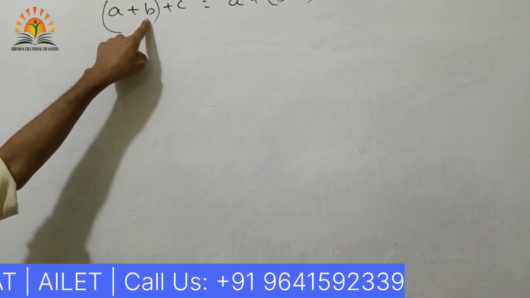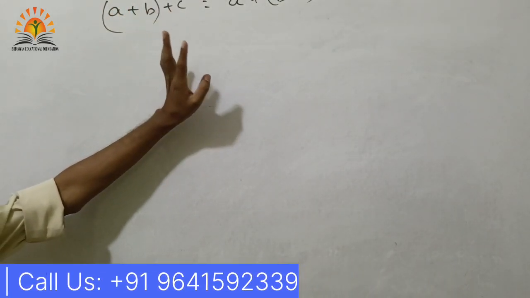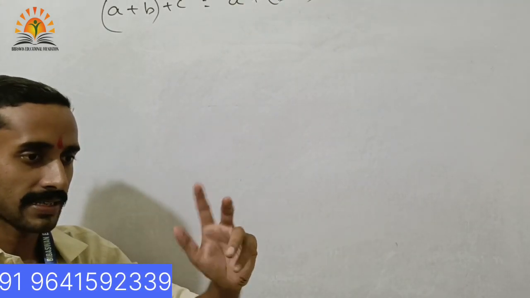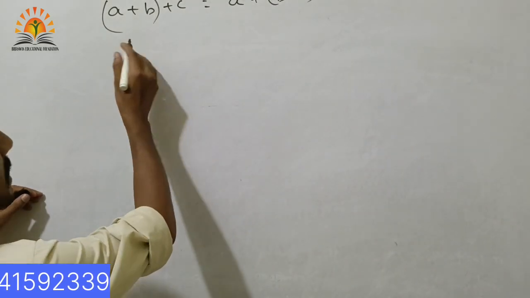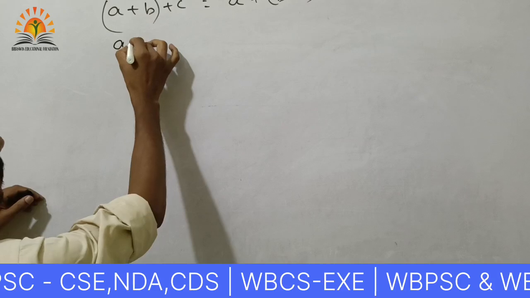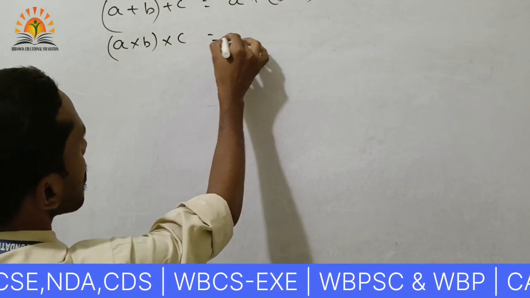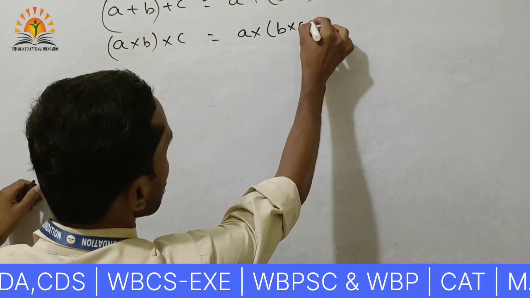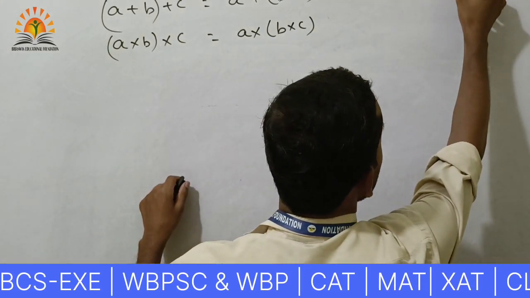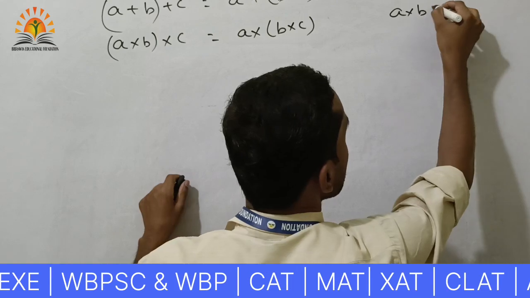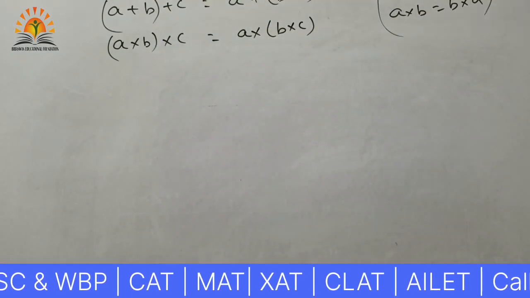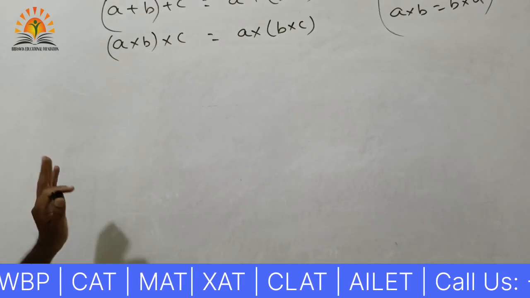We can add A, B first and then C, or we can add B, C first and then A. The result will be the same. It is the same in multiplication also: A multiply B multiply C. In the commutative property also, A plus B is equal to B plus A and A multiply B is equal to B multiply A. Clear? In addition and multiplication, everything will be the same.